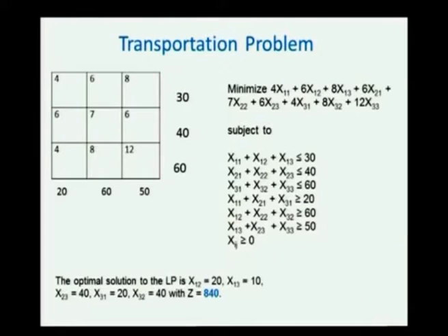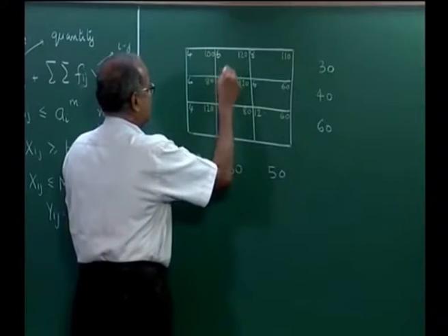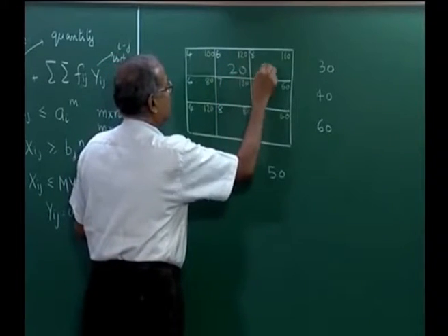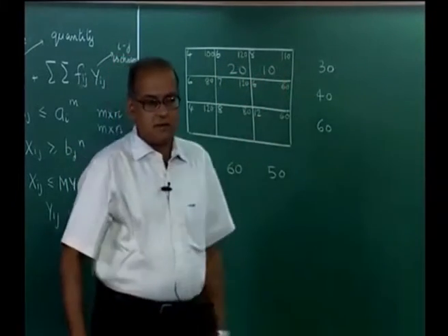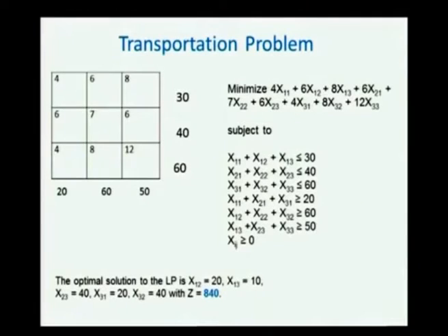We said x12 is 20, x13 is 10, x22 is 40, x23 is 40, x31 is 20, and this will be 40.